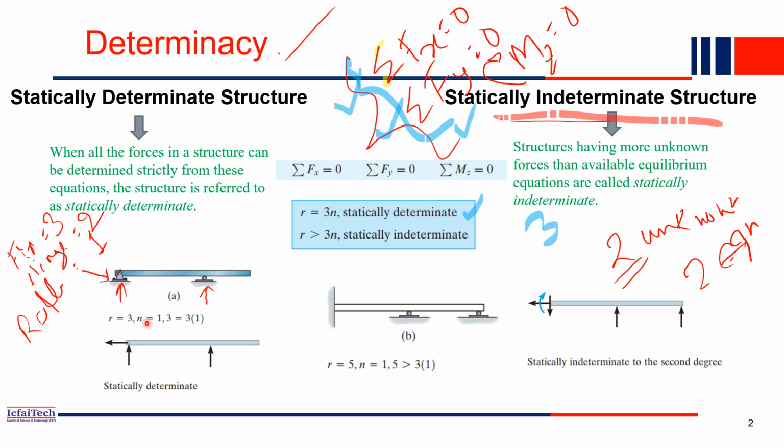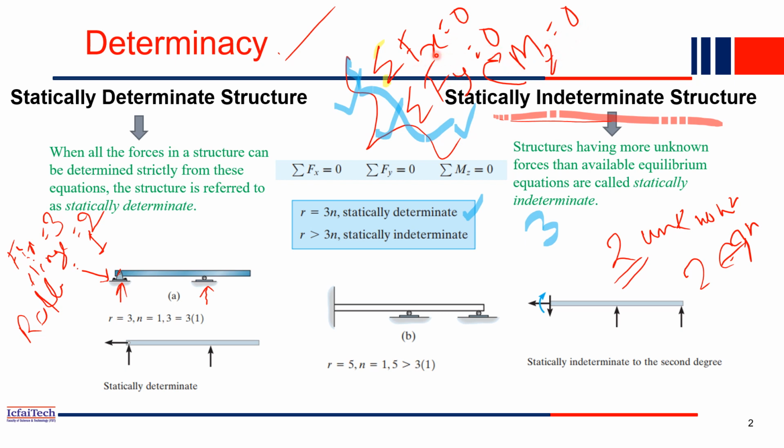And what is N? N is how many parts. It is a single part. There is no joint in the beam. So N is equal to 1. So the reactions are 3, and the known equations we also have are 3: Fx equal to 0, Fy equal to 0, Mz equal to 0.